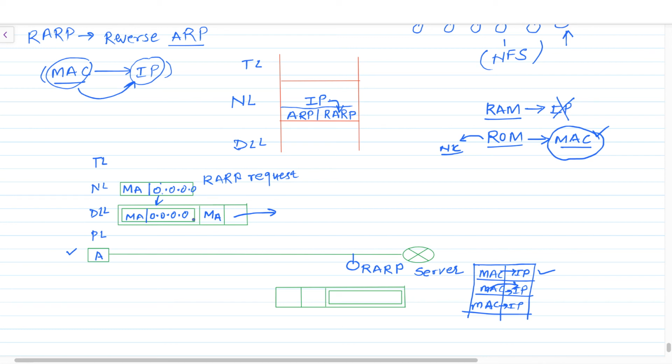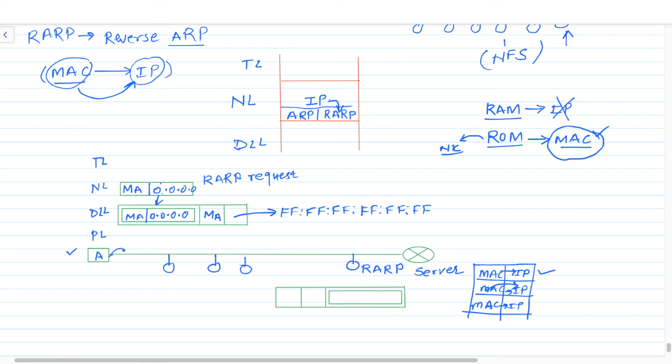So in order to forward this request to the RARP server, again it is going to use the broadcast address. So this broadcast address will forward this packet to all the hosts present in this network.